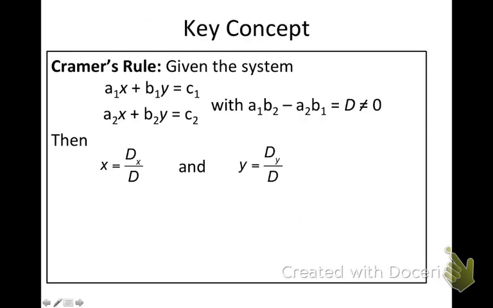So for Cramer's rule, here we got it. First thing for a 2 by 2, then we'll get to what it looks like for a 3 by 3, which isn't much more complicated.